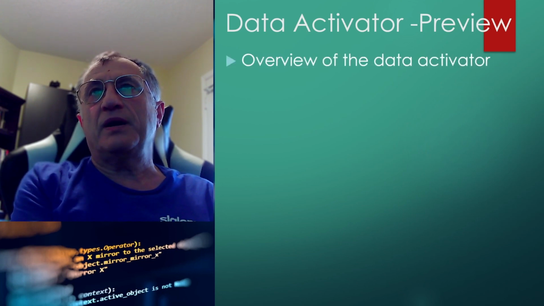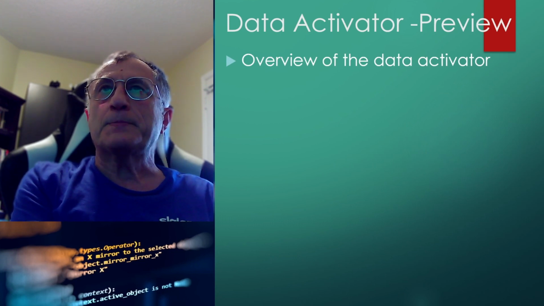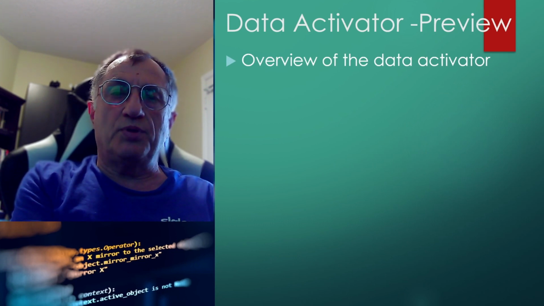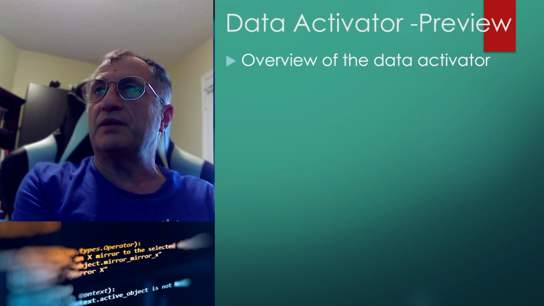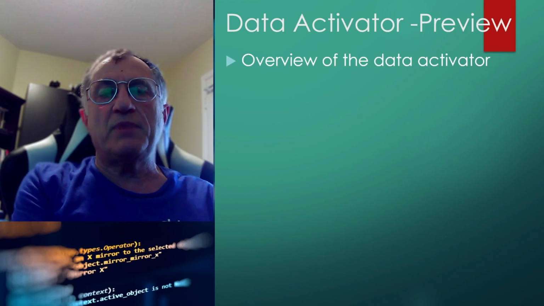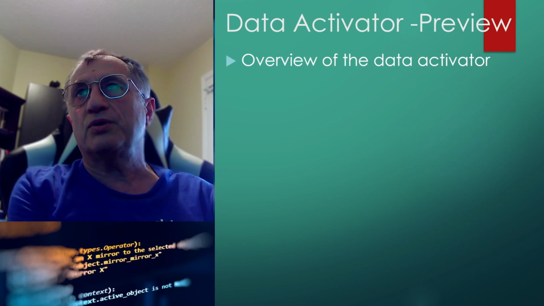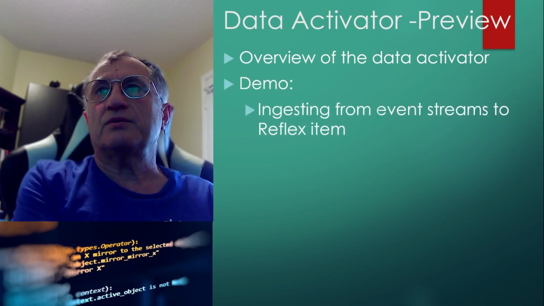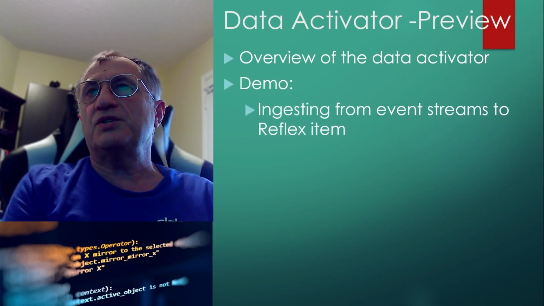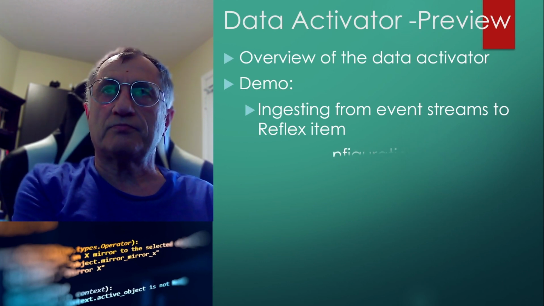Here's a quick preview of what I'm going to cover today. We'll start by an overview of Data Activator service. So I'll explain what's the purpose of this product, how you can feed data to Data Activator, what are the main components of the Reflex item, which is a core component of Data Activator. In a demo section, we'll create ingestion from event streams to Reflex item.